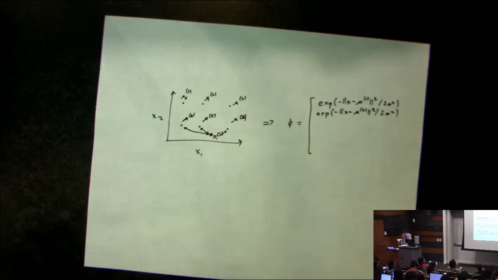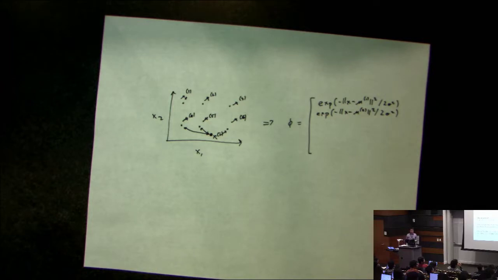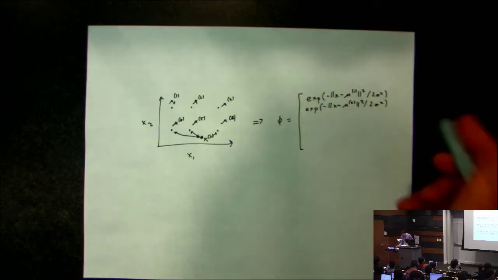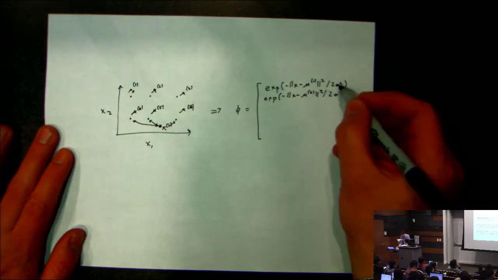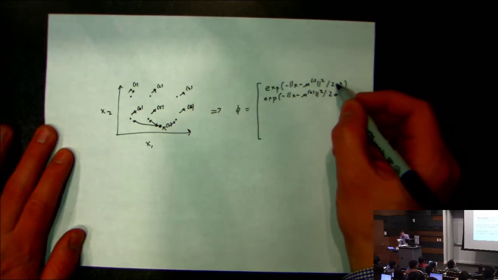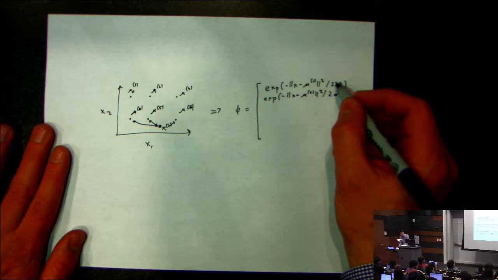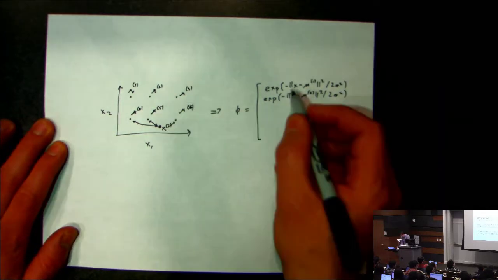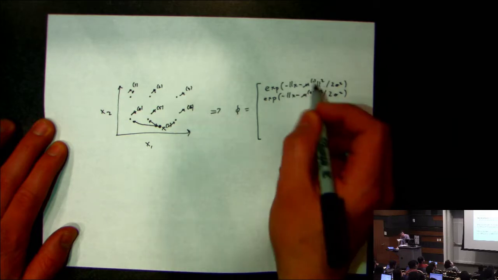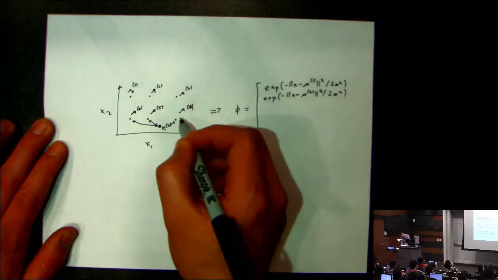So why is this a useful way of representing the data? Think about the case where you have a lot of these centers, and this term here is very small, so the bandwidth is very small. In that case, for a reasonable distance, it's going to be big divided by something really small.